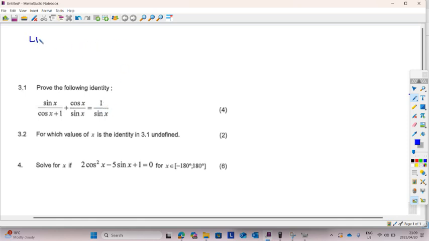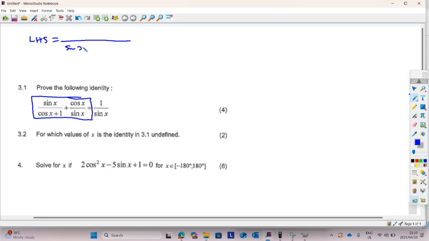Left hand side here is equal to, looking at our left hand side there, we have two fractions. Let's put them together using a common denominator there.